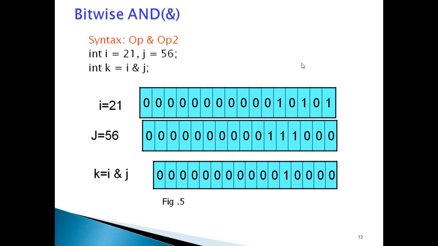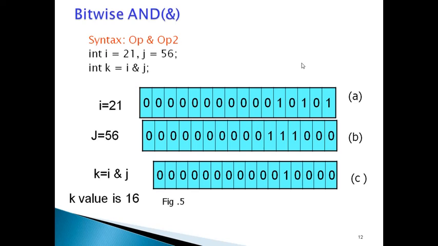After performing the bitwise AND operation, the resultant value is 10000. It is equivalent to the decimal value 16.